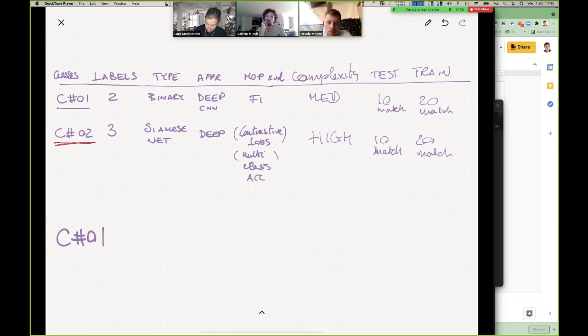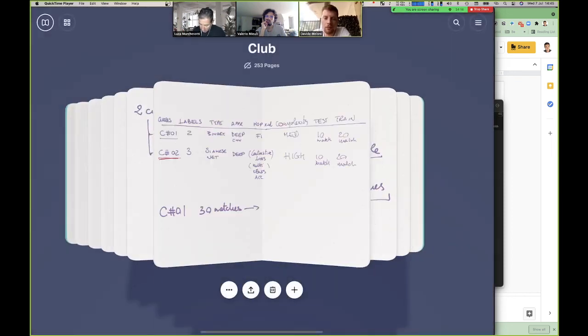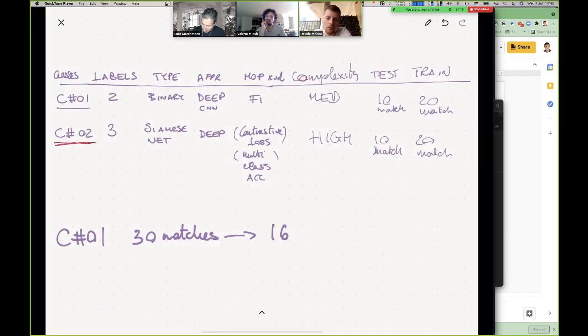It means for C1, we take 10 matches, which gives us actually 30 matches, which gives us roughly 1,600 frames, which is 16,000.